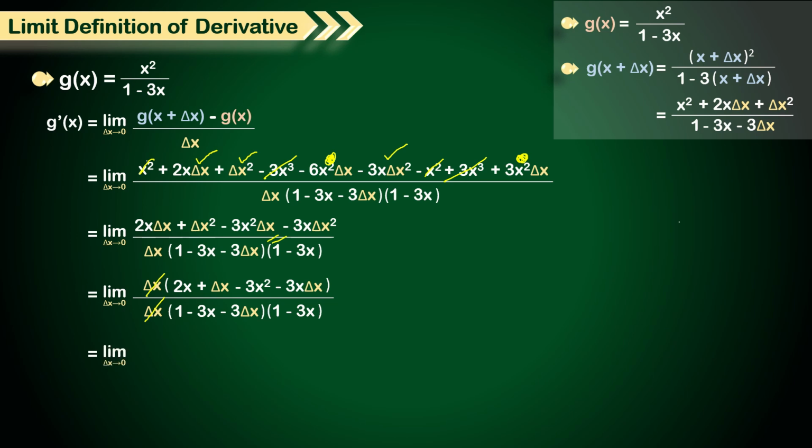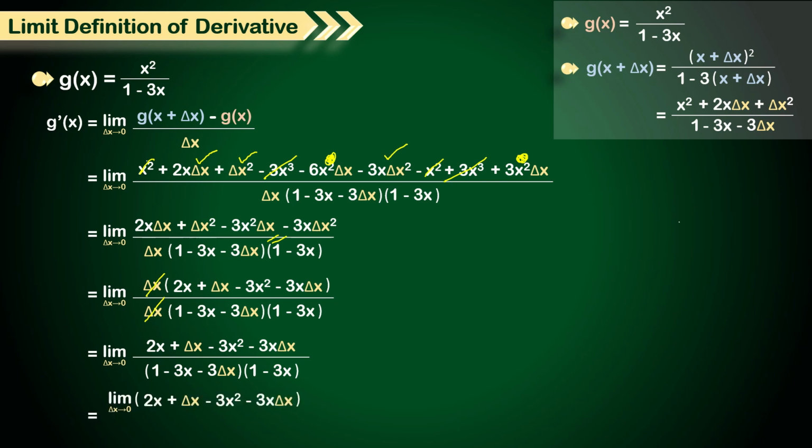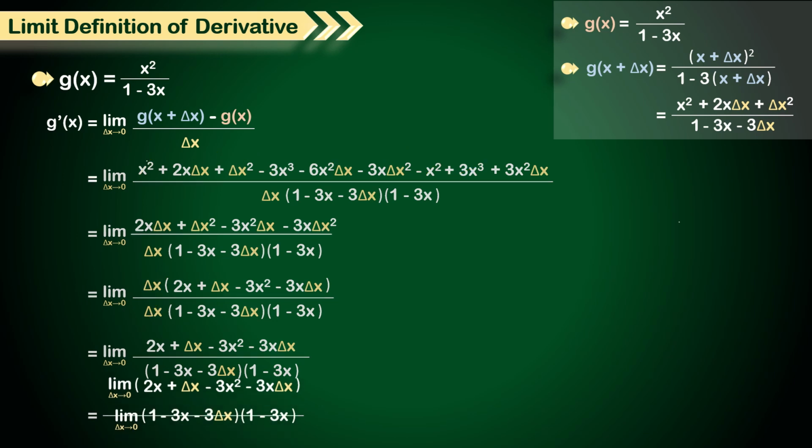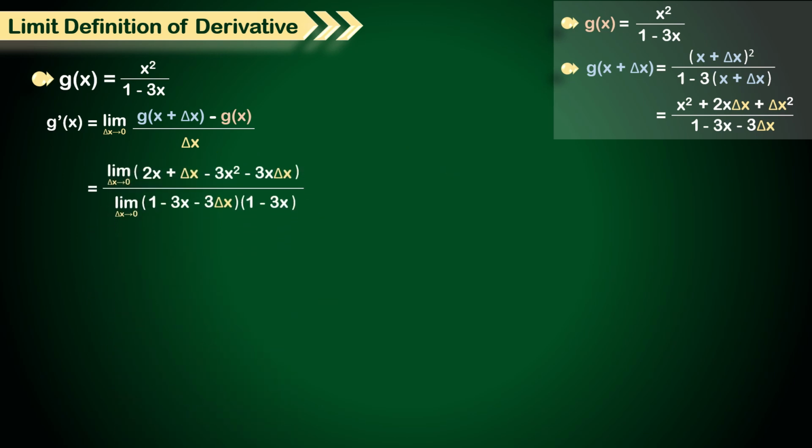We have limit of 2x plus delta x minus 3x squared minus 3x delta x over the product of 1 minus 3x minus 3 delta x and 1 minus 3x. Apply limit property. Limit of the numerator and the limit of denominator. Apply limit properties to numerator and denominator.